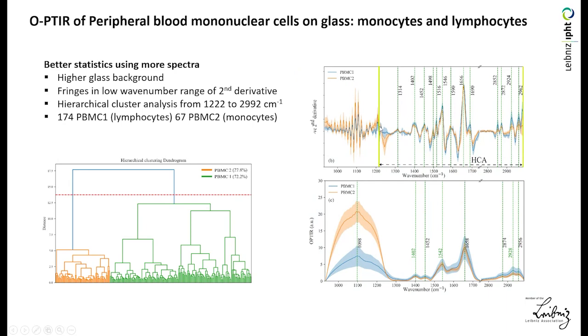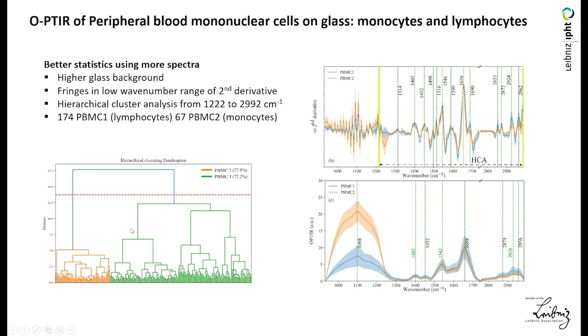So we focus on the range from 1222 to 2992. Of course, in the central part there was a gap because the quantum cascade laser does not emit between 1800 and 2700 wave number.